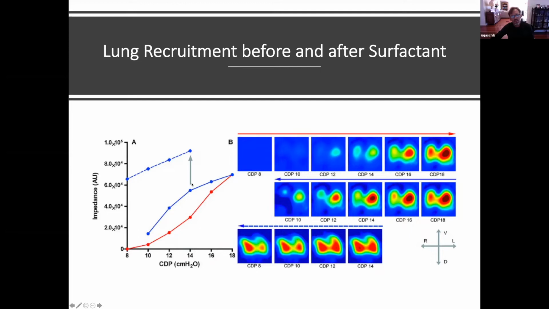And as soon as you deliver surfactant, in the upper panel, you can see that the so-called PV curve looks on a much higher level and a much more favorable level. So EIT allows you, in real time, to assess these data points bedside, and you can assess, for instance, the gain that you get after surfactant delivery.